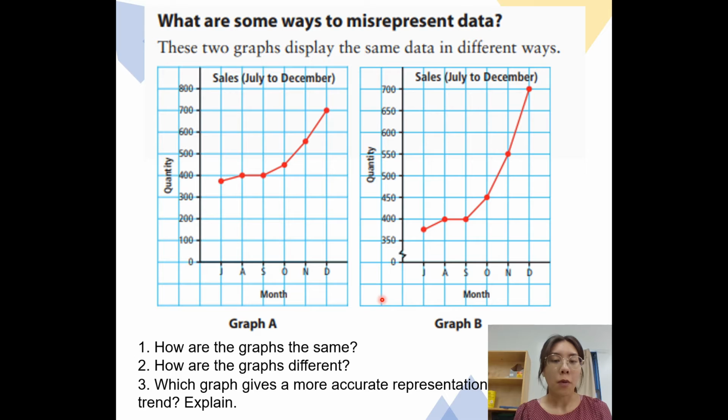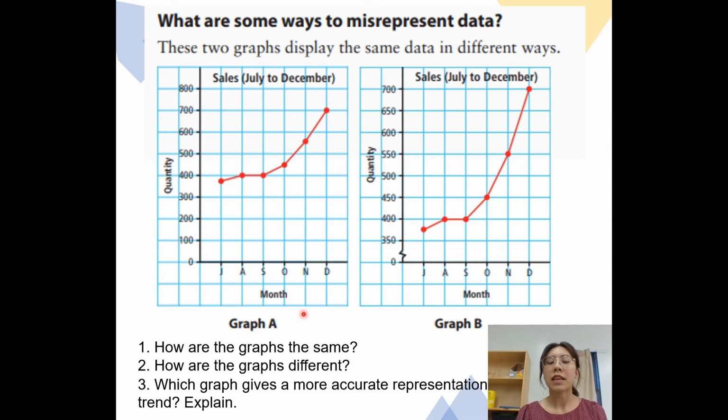Given what we know, which graph, graph A or graph B, seems to be a more accurate representation of the data? My choice on which is more accurate is actually graph A.